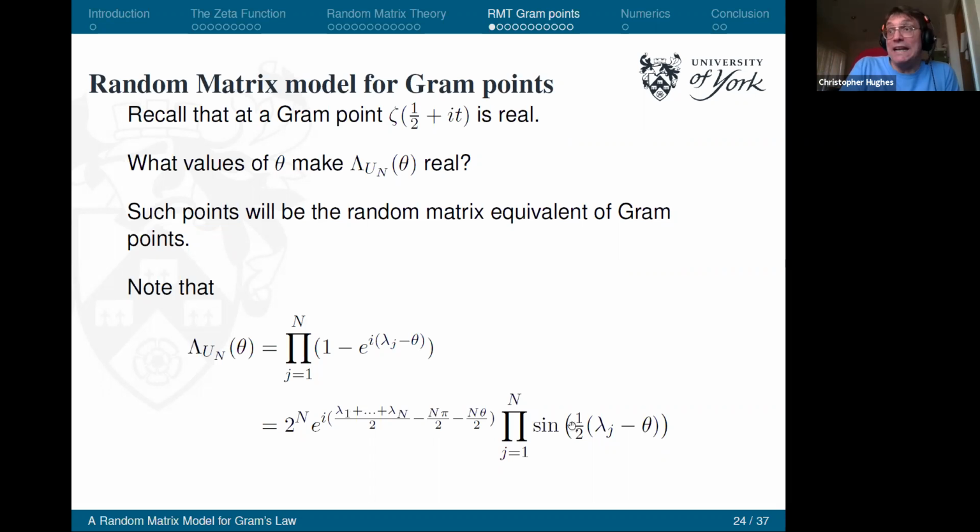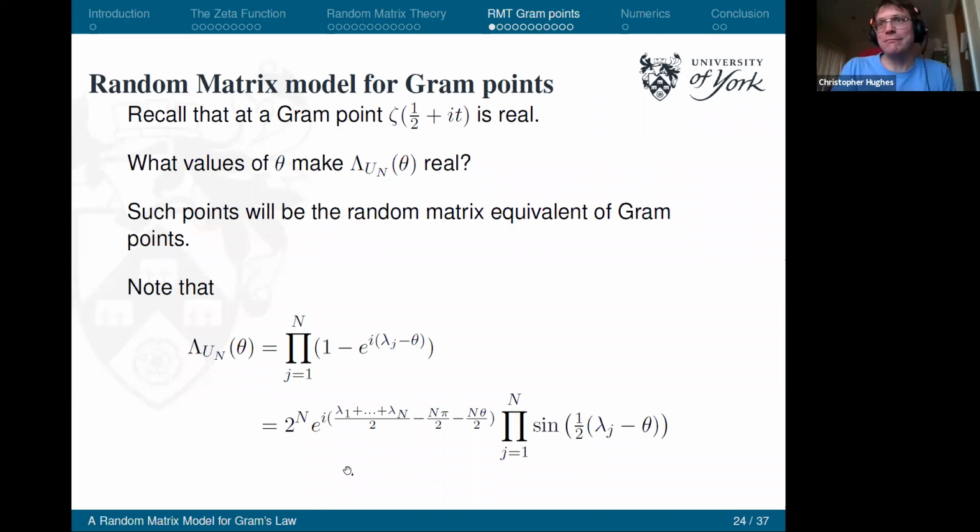But it's real. So what makes this complex term real? Well, I need this to be a multiple of pi. And so my Gram points will be, well, what values of theta make this a multiple of pi?